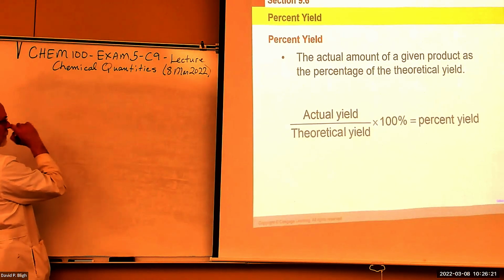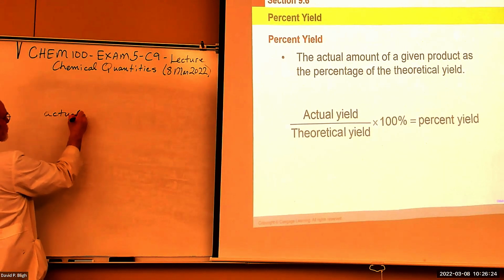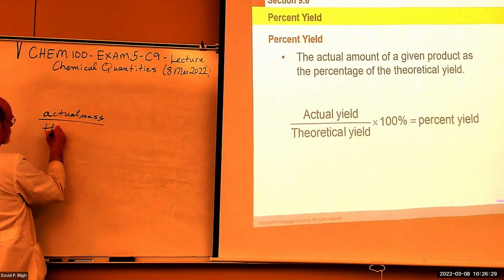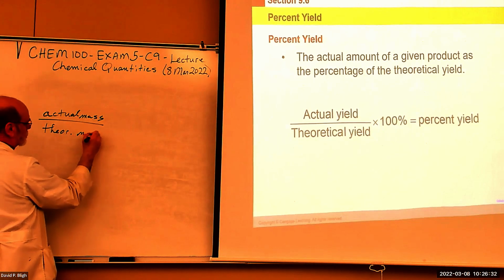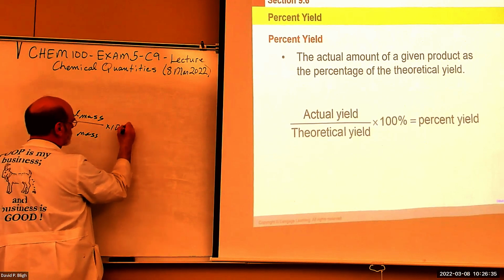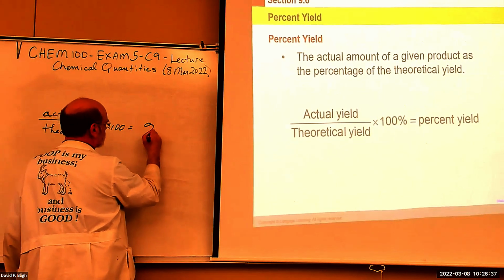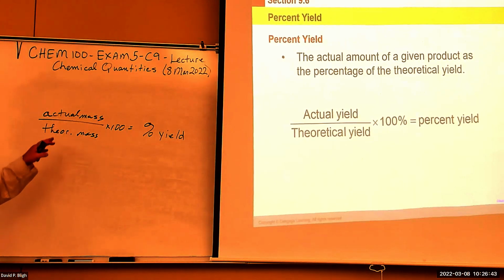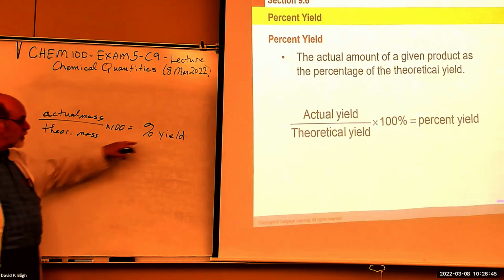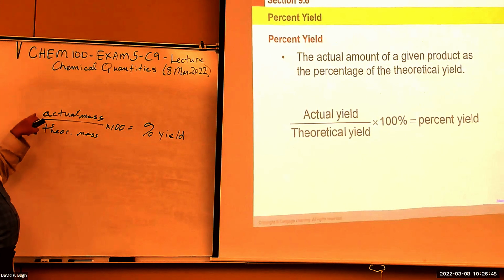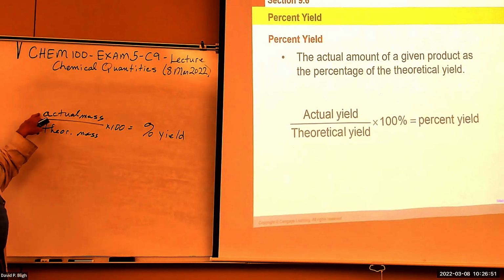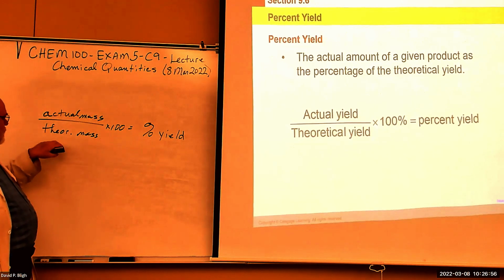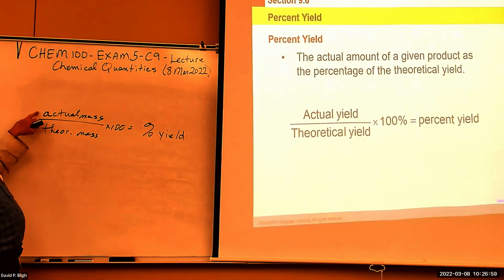So you could say actual mass divided by theoretical mass times 100 equals percent yield. With that formula, if you know two of those, you can find the third. If you know this value and this value, you can find that value. Or if you know this value and that value, you can find that one.